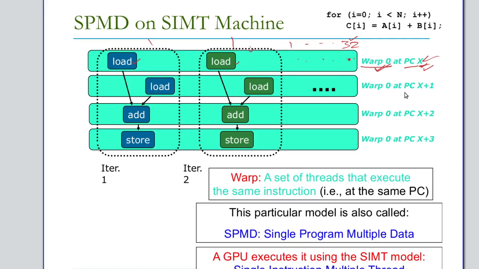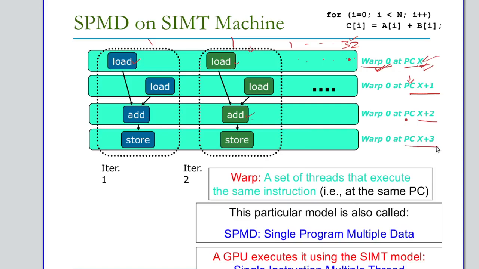In the next clock cycle, we change the PC by adding 1, and then we perform the fetch operation. We fetch the instruction, and it is executed on all the threads. In the next clock cycle, we again increment the program counter, the next instruction will be fetched, and it will be executed on all the threads.